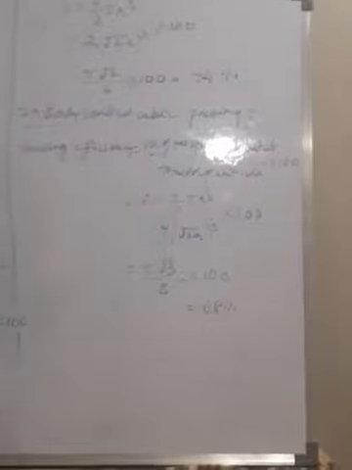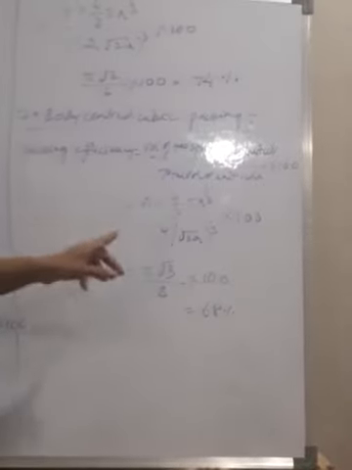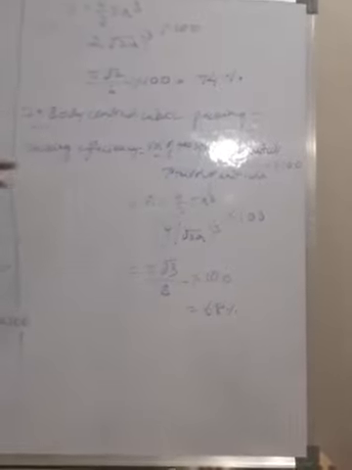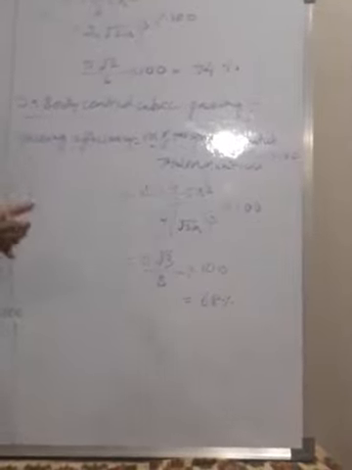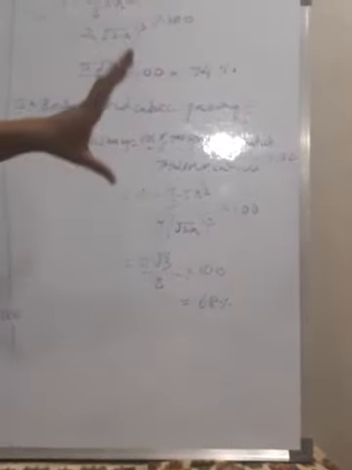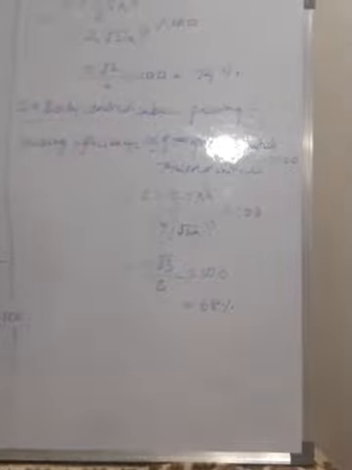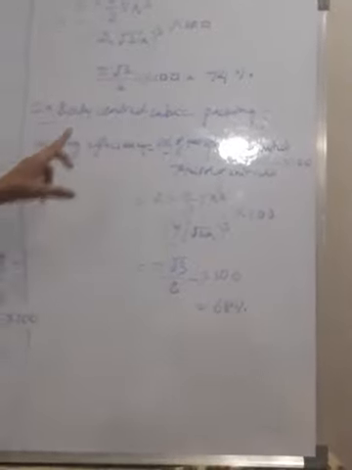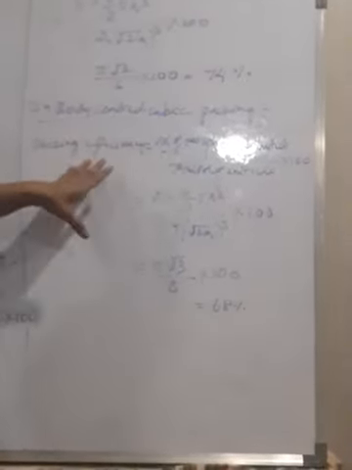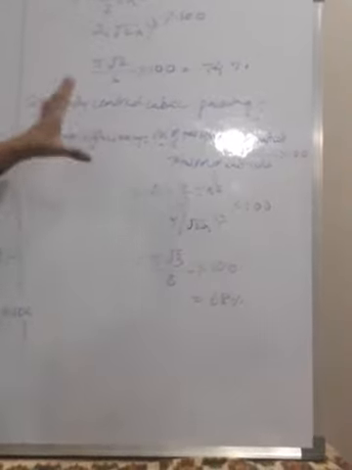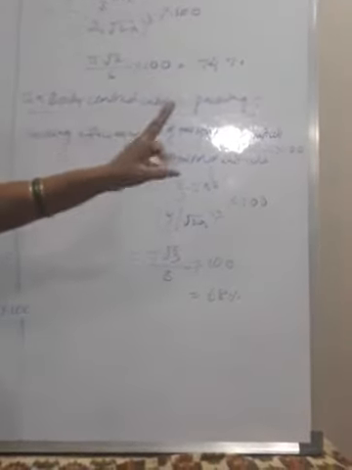Then it also contains a point at the center of the body, called the body centered point, which totally belongs to that unit cell only. That's why a body centered cubic lattice contains 2 points.